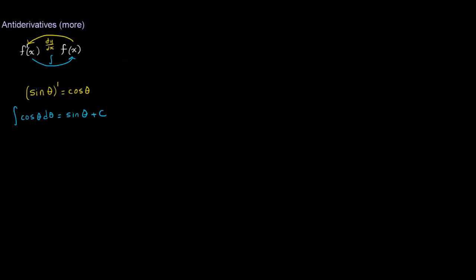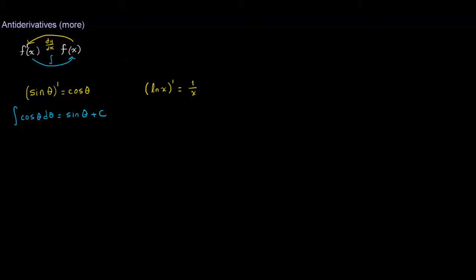So let's try this with another example. Suppose we have something that you might have figured out by now. Let's say the derivative of the natural log of x. In this case, this derivative would be 1 over x.